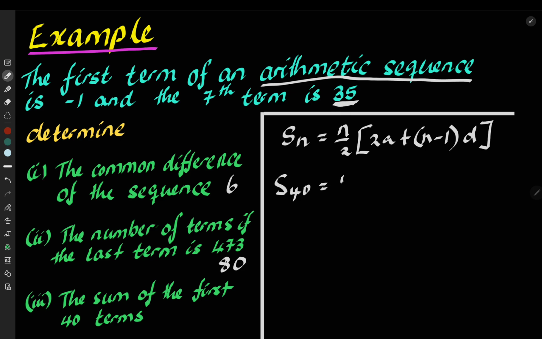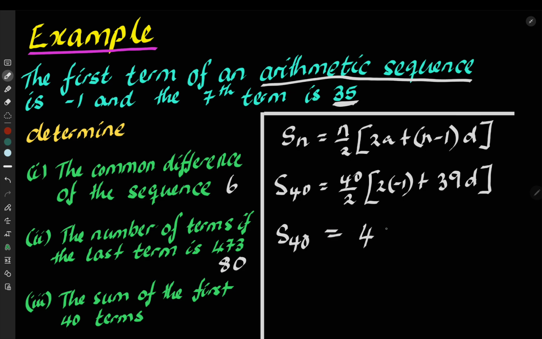So S40 will be equal to 40 divided by 2, then in a bracket 2 times negative 1 for our a, plus we know how many terms we want, that will be 40, so 40 minus 1, that will be 39d. If you punch this in your calculator, you realize that the sum of the first 40 terms will be equal to 4,640. And that is how you determine the sum of the arithmetic sequence.